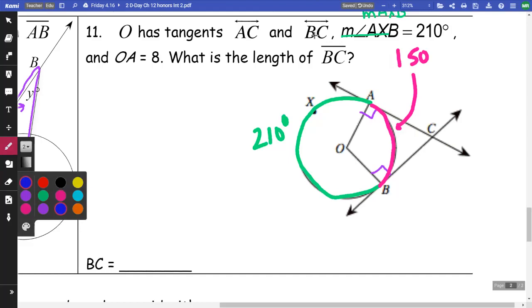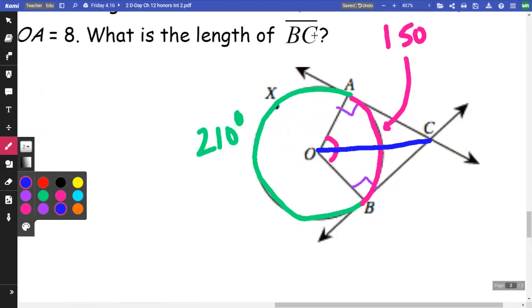Now, if that is 150 degrees, when I draw this line, let me say this before I do this. That means this is also going to be, let me color code it, this is also going to be 150 degrees. That other pink angle is going to be a central angle. And then if I am cutting this in half to come here, and this again is a right triangle, when I split 150 in half, this is going to be 75, and I have 90.